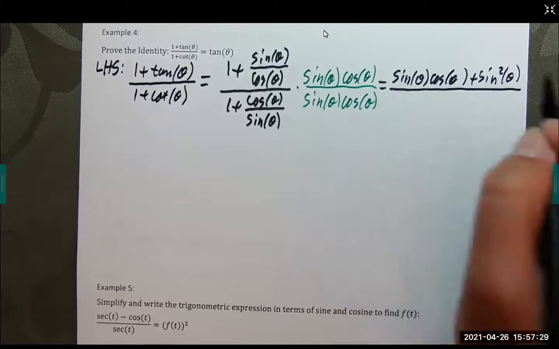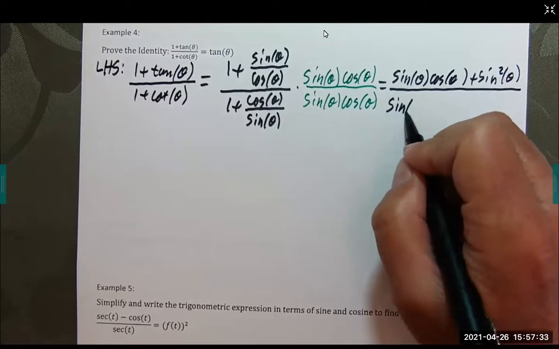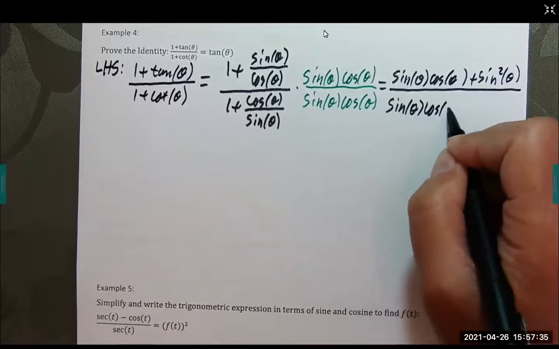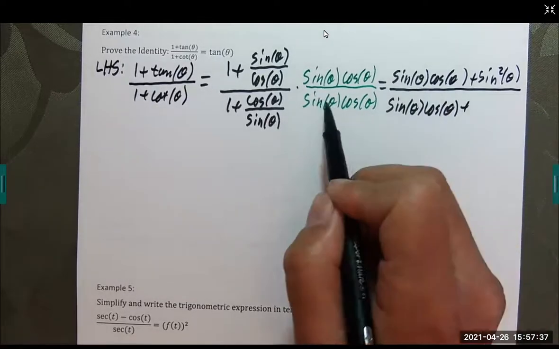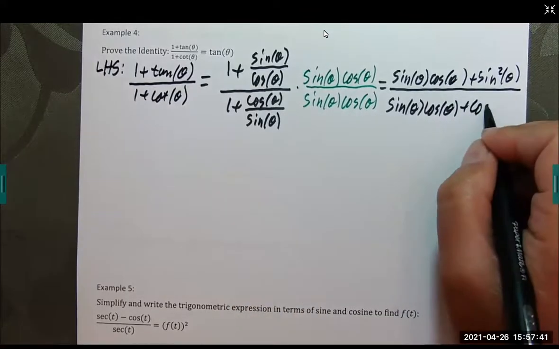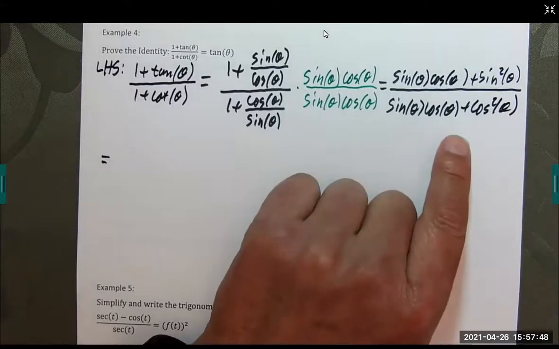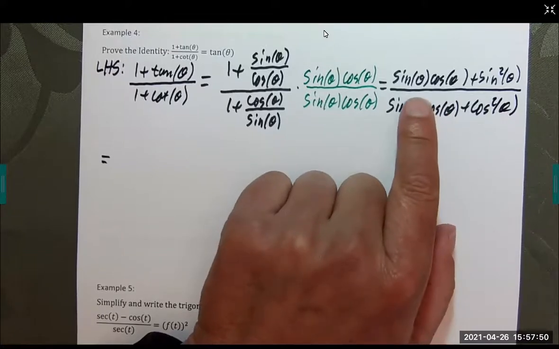Down below, something similar would happen. I get sine of theta, cosine theta, plus, and here again, the sines reduce out. I'm left with cosine times cosine, which is cosine squared theta. Now up top, I'm going to notice I can factor a sine of theta out.